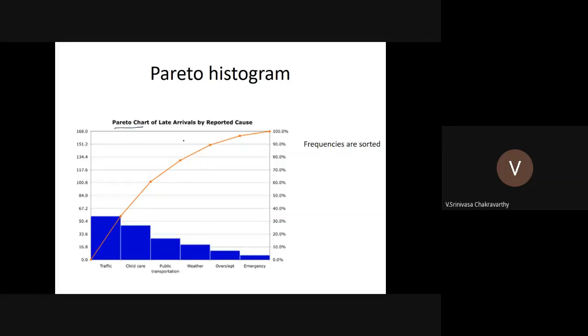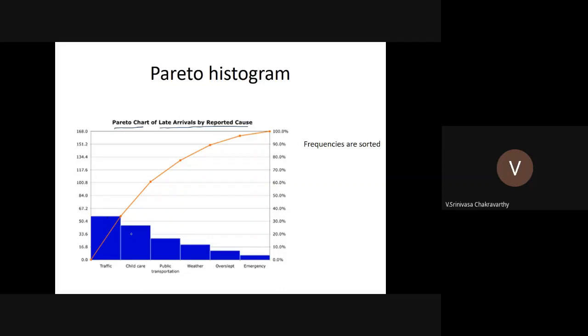So for example, in this case, the phenomenon is late arrivals of employees to a company. What are the causes that lead to late arrival of employees to a given company? And then these causes are given certain frequencies. For example, how many times do they come late because of traffic problems? That is some 50, some 60% or something like that.